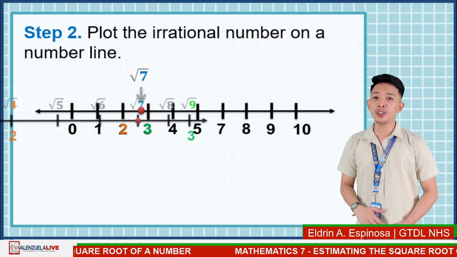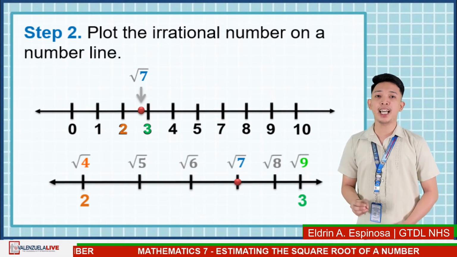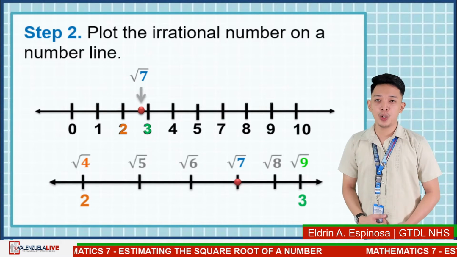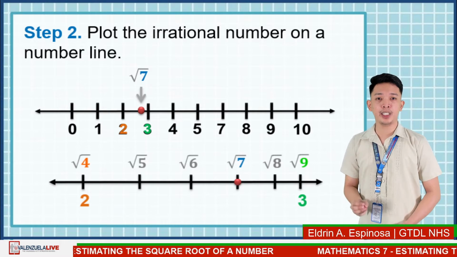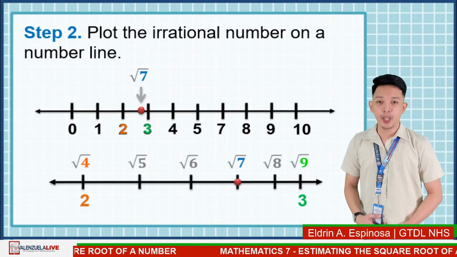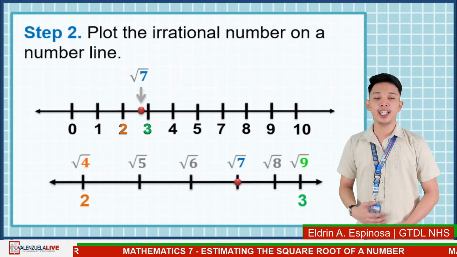Let us take a closer look at the irrational numbers with the integer radicand between 2 and 3. So, the irrational numbers with the integer radicand between 2 and 3 are square root of 5, square root of 6, square root of 7, and square root of 8.